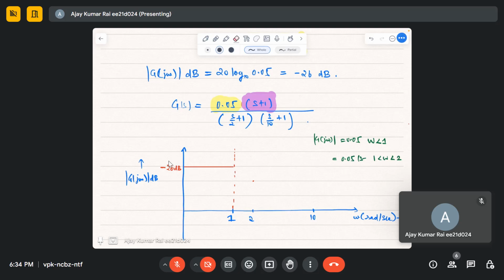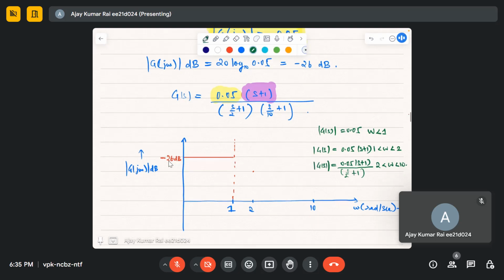Let me write in terms of s itself. And from 2 to 10, I'll have 0.05 into s plus 1 and s by 2 plus 1. Write it separately.